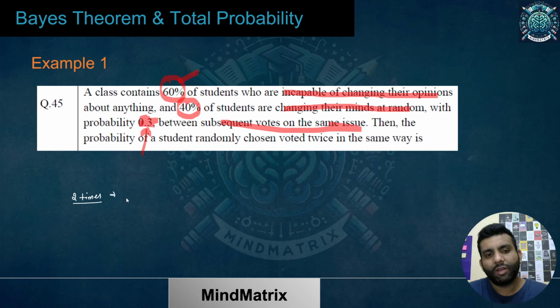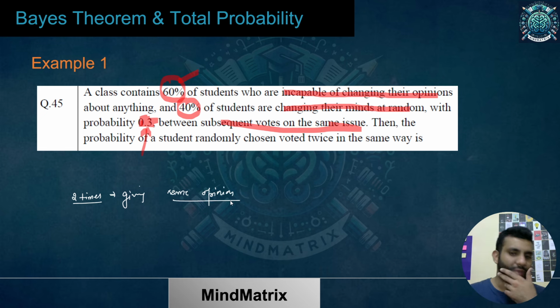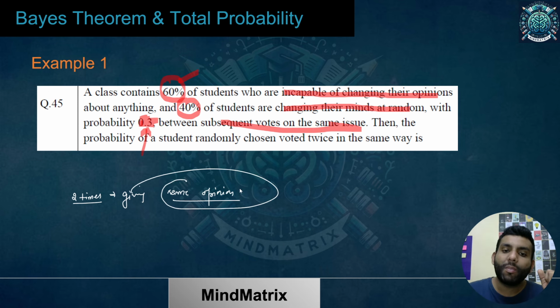Two times a student is giving the same answer, the same opinion. So when a random student is asked two times, what is the probability that he presents the same opinion?